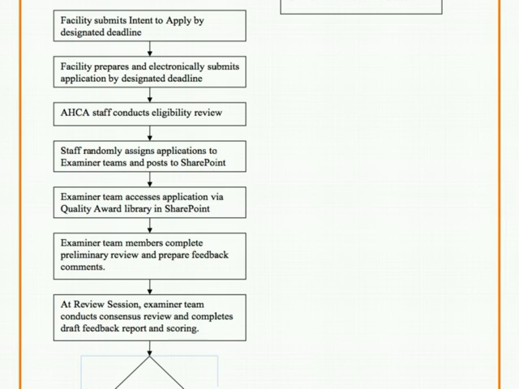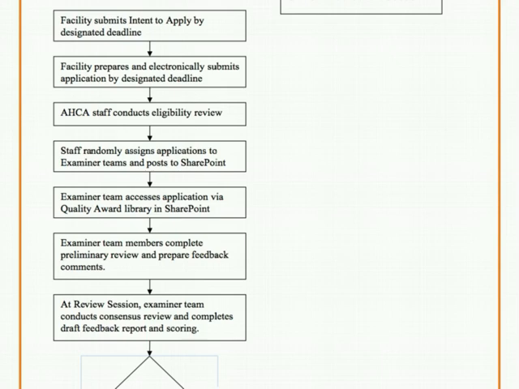Beginning in the top box of the flowchart, we see that facilities submit their intent to apply form by the designated deadline. They follow up on that by then preparing and electronically submitting their application by the designated deadline. AHCA staff then conducts an eligibility review to determine that applicants are members in good standing of AHCA and NCAL.